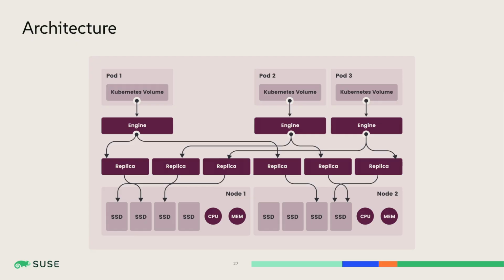The diagram shows two physical hosts, a bunch of SSDs in them, CPU and memory. It will lay out replicas and spread them across the hosts depending on the settings that you set. For each volume, you can set the replica count to 1, 2, 3, whatever you want.